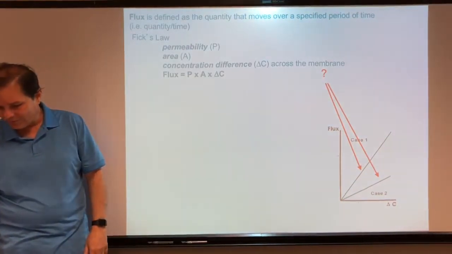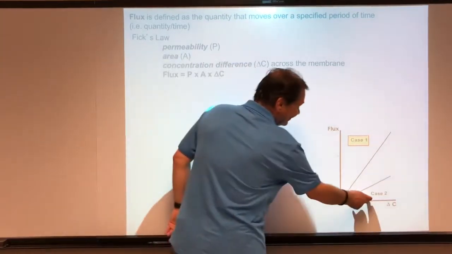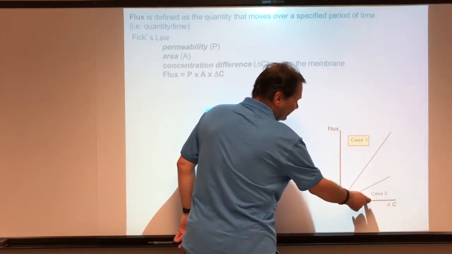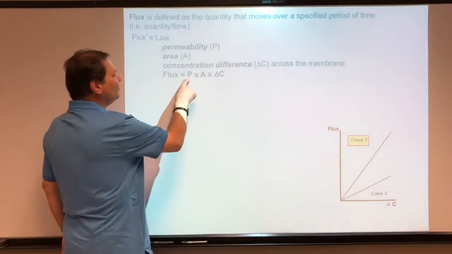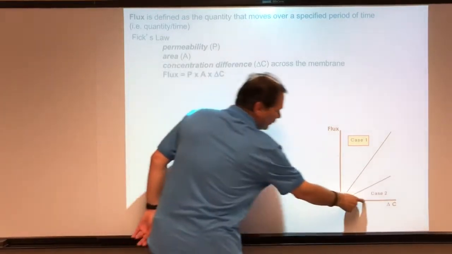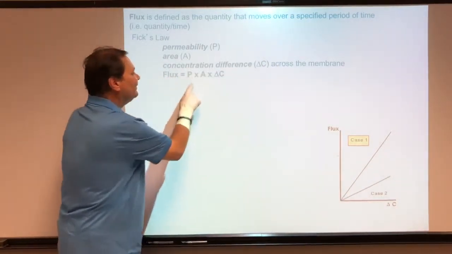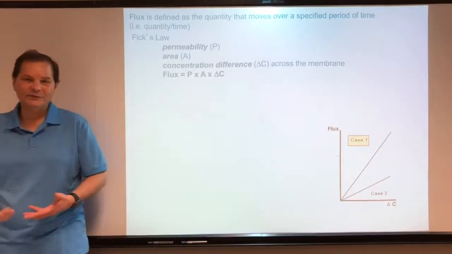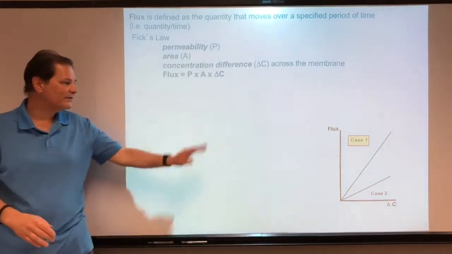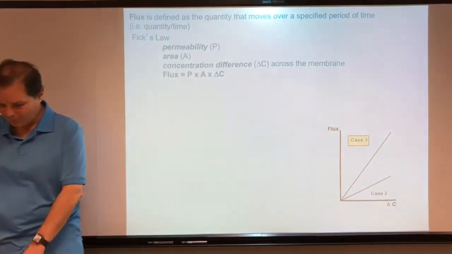Well, the answer, obviously, is case 1, because at a given concentration difference, I have a higher flux. So therefore, molecule 1, if A is the same in both cases, and delta C is the same in both cases, if I have a higher flux, I must have a higher permeability to 1 versus 2. Okay, so that's just sort of a typical graphical way of representing permeability.